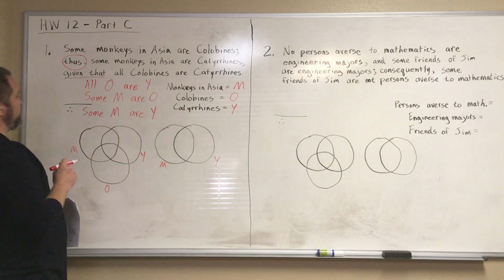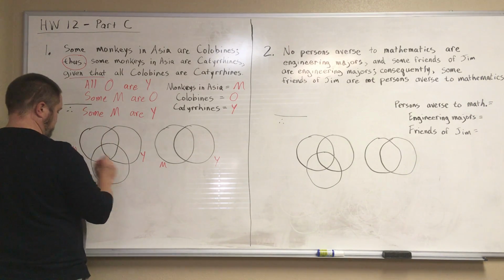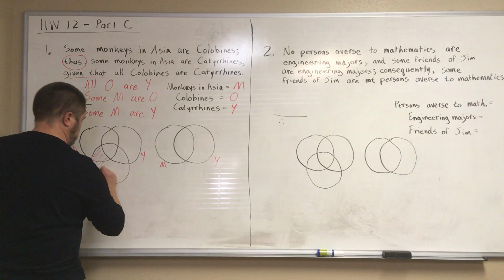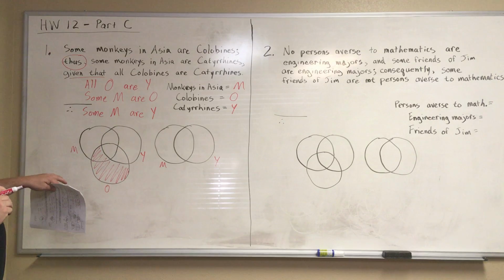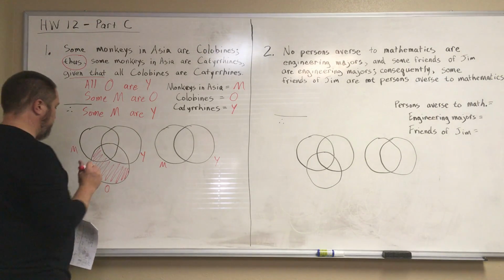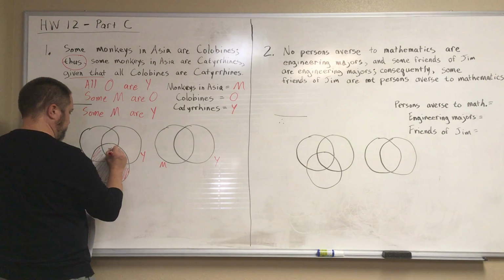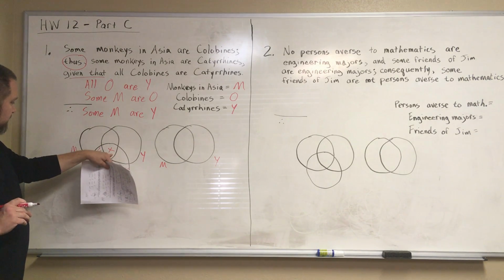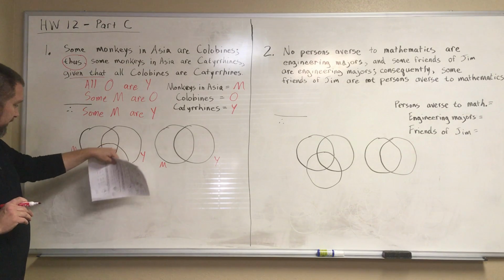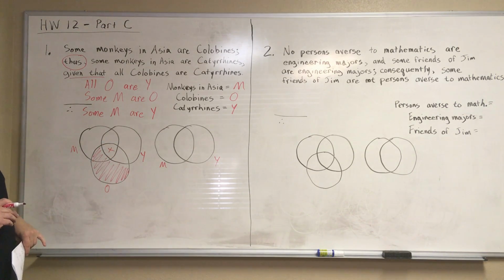First premise, all O are Y. Shade out the area that's not part of Y. Some M are O. Because we did the shading first, the only area that's left is right there in the middle.